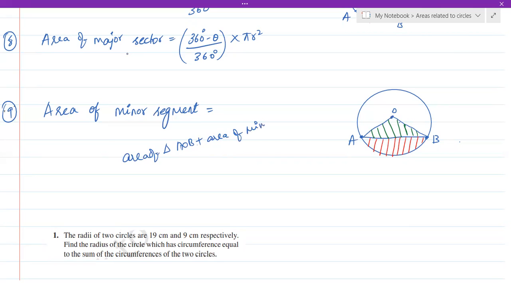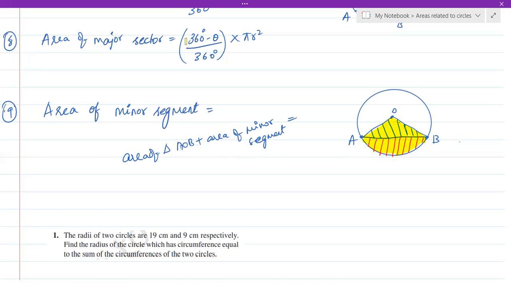Okay, area of minor segment, that will be equal to what? Just analyze it. The green area and the red area, let me shade it different color. The green plus red, if you add both, you get this complete thing which I've shaded in yellow.